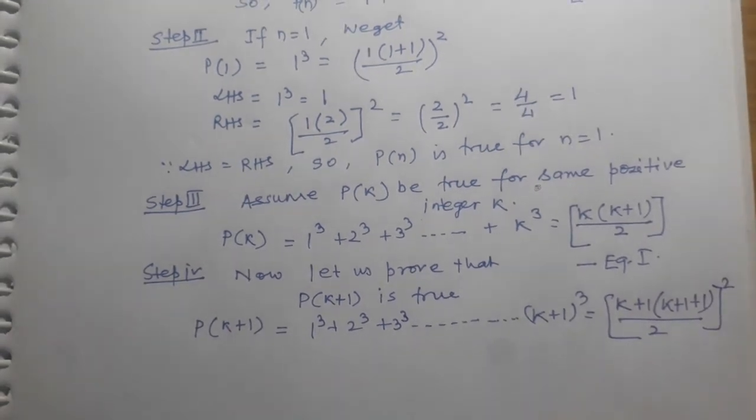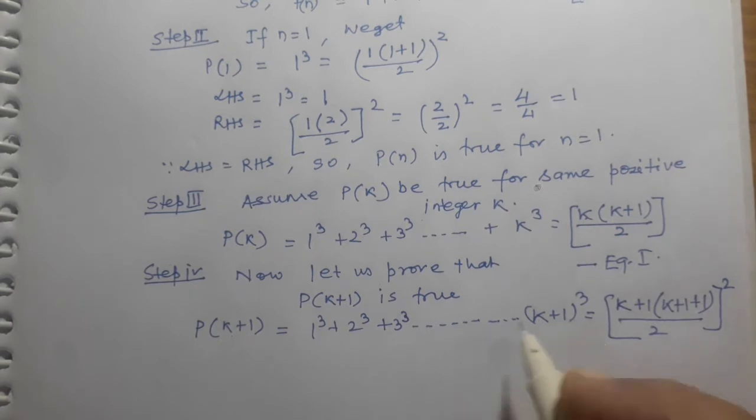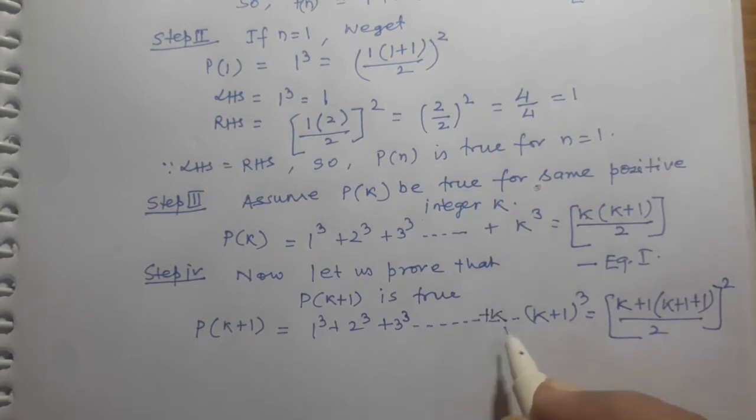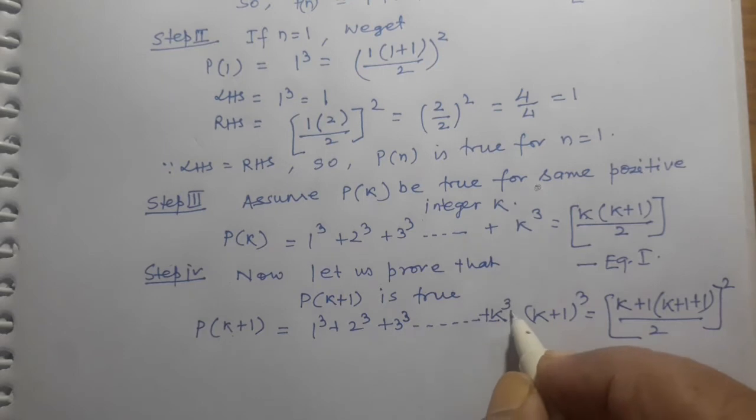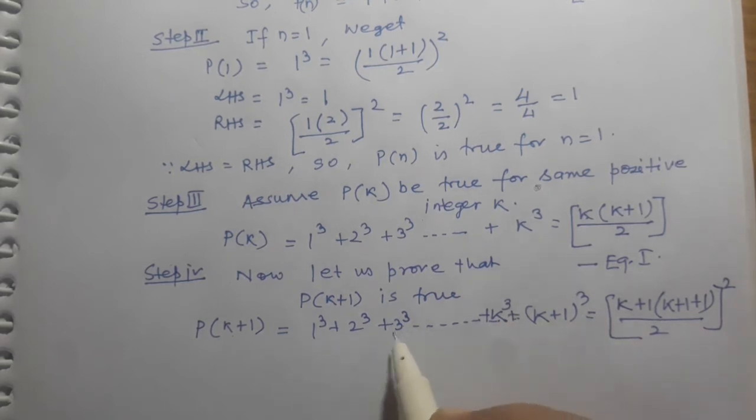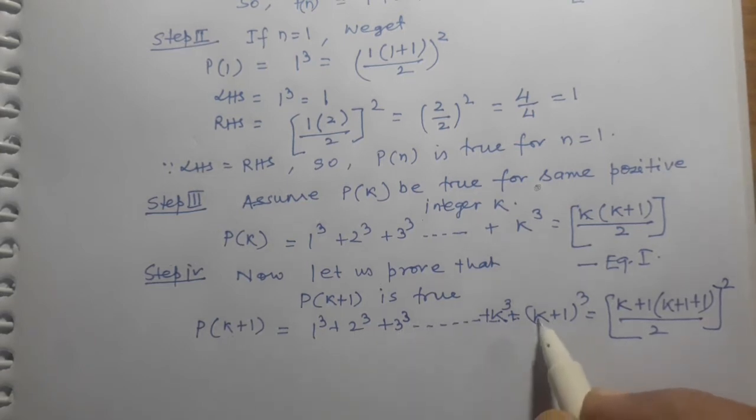But we see that before k plus 1, it should be plus k cube. Why? Because the previous number is 1 less than the next number. 1 is less than 2 by one number, 2 is less than 3 by one number. So k plus 1's previous number will be k cube, right?